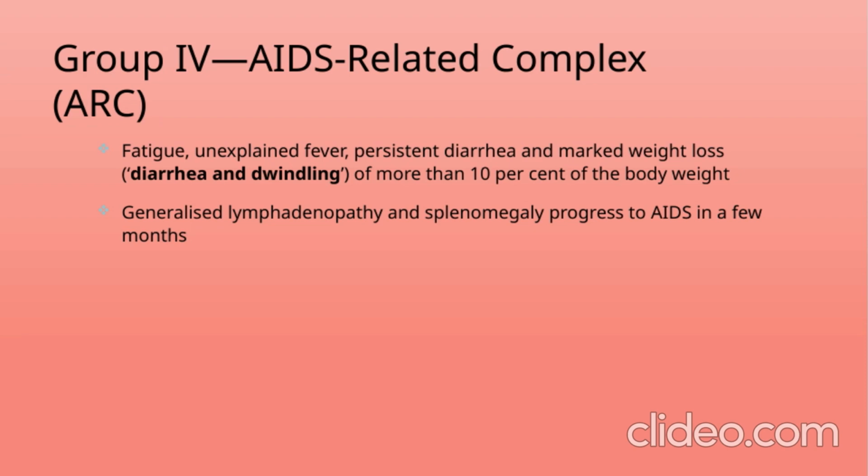This stage, known as Group IV, AIDS-related complex or ARC, is crucial because it marks a transition point where the immune system becomes significantly compromised. Recognizing these signs early can make a big difference in management and treatment strategies. Overall, understanding these early symptoms helps us identify when the infection is progressing and underscores the importance of timely intervention.